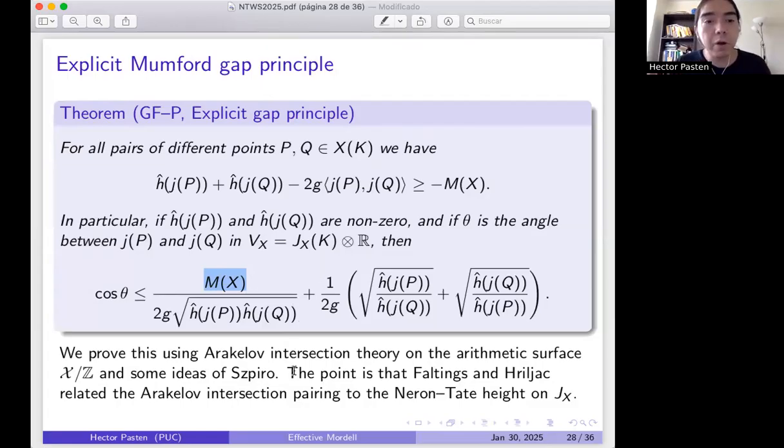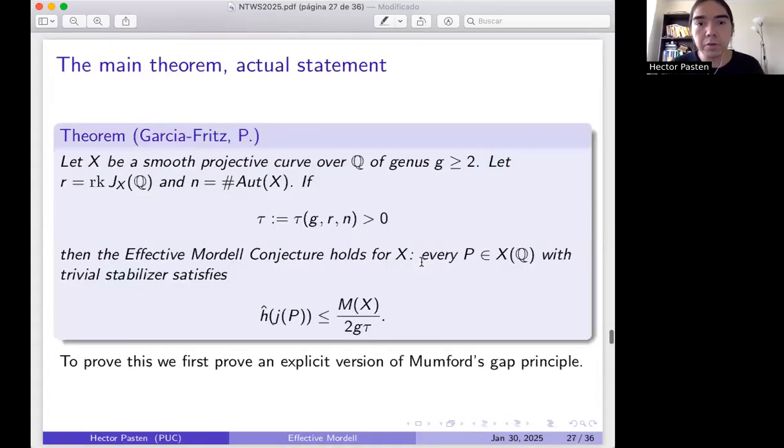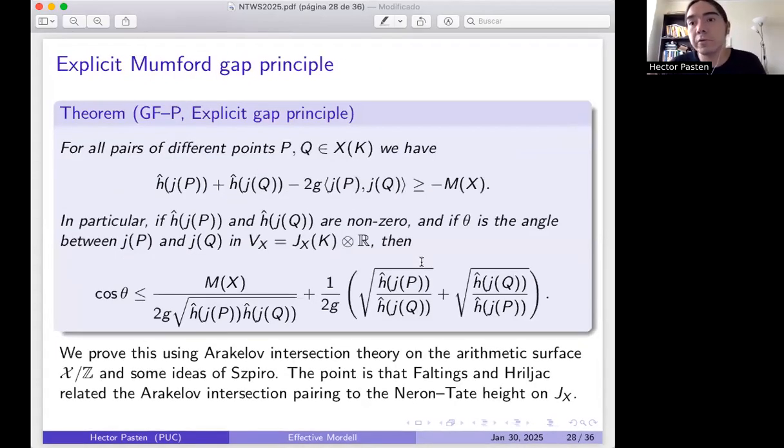So we had to do some Arakelov geometry to get a very concrete expression for the error term in the Mumford inequality. And this m comes from an analytic contribution, an arithmetic contribution, and a geometric contribution. This should not be a surprise because it's coming from Arakelov geometry, which mixes everything up.